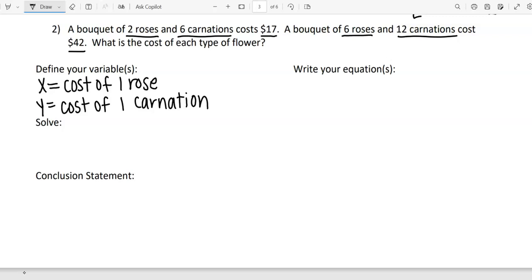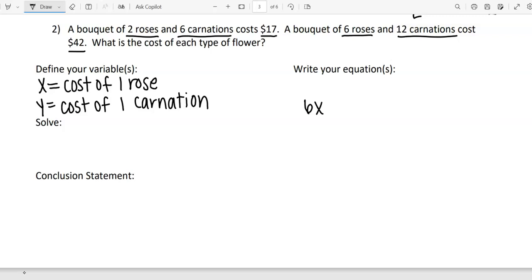I think I want to call on people. Hey, Lakin, you're lucky number 1. Will you tell me what the first equation is going to be? How many x's? Ooh, close, close.